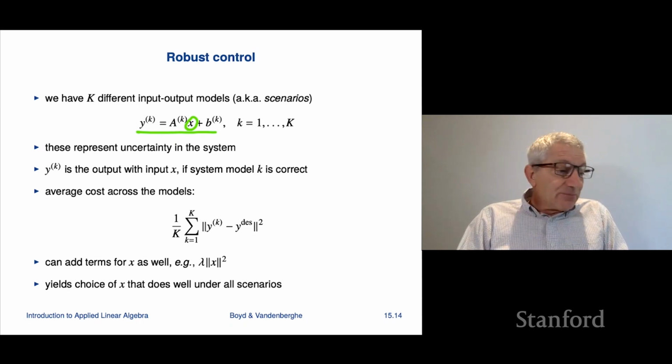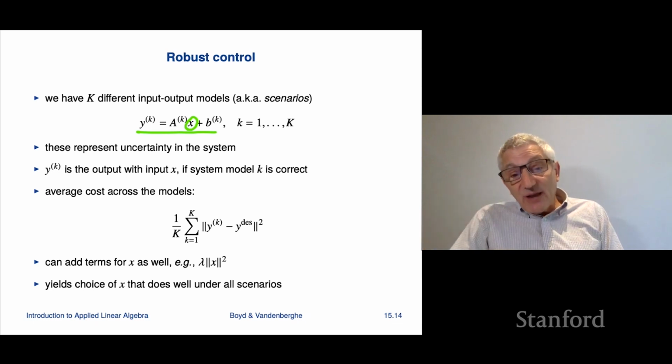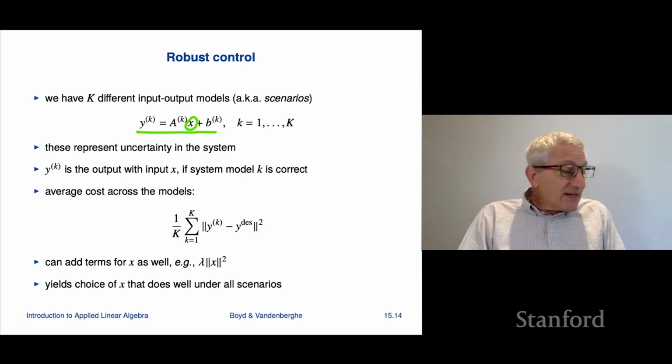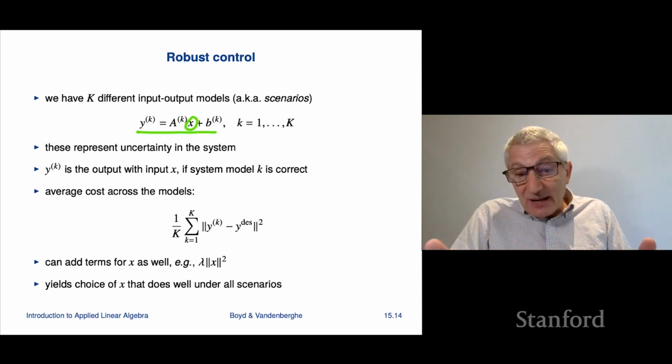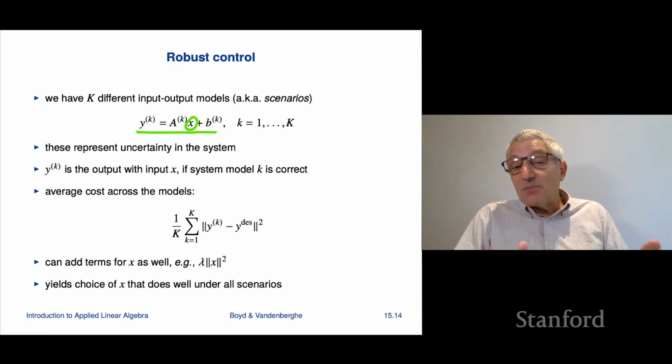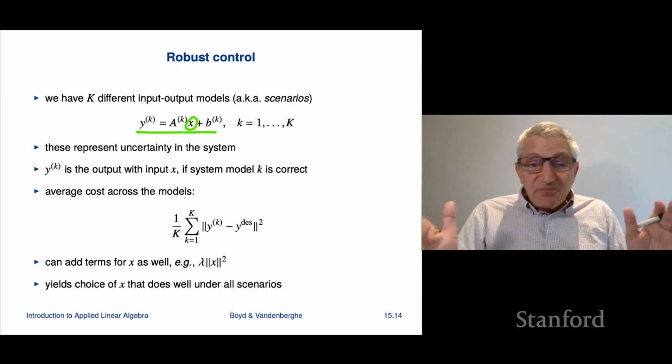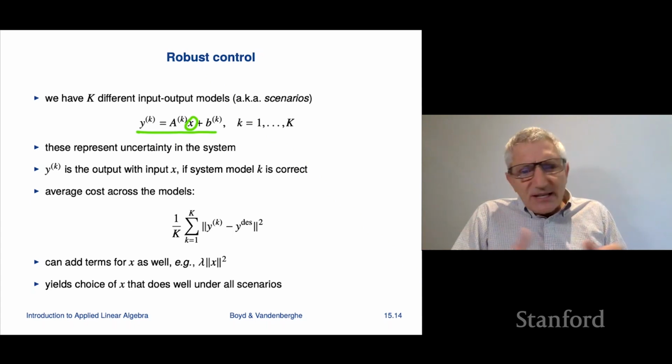For example, if we obtained these models by fitting on data, then these could be 10 different times that you fit the model: on Monday's data, Tuesday's, Wednesday's, and so on. Each time you got a model, and they're not quite the same. They might differ in the second digit, something like that. That's the situation you should think about here.